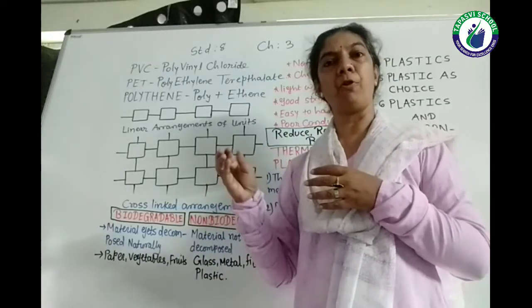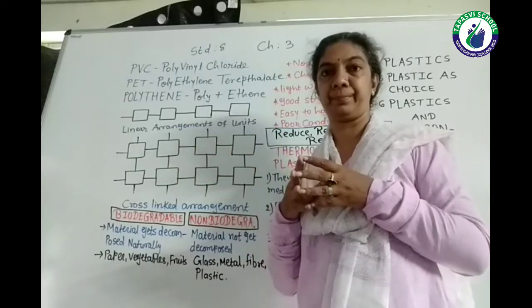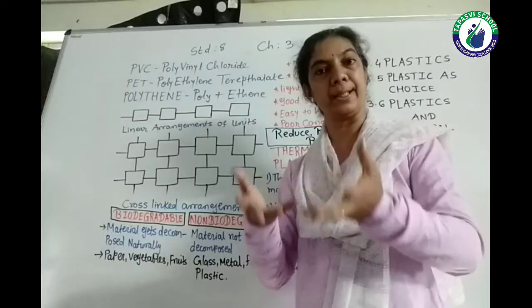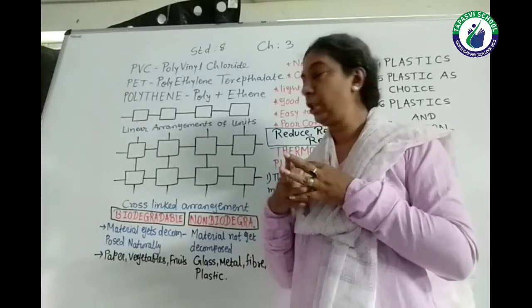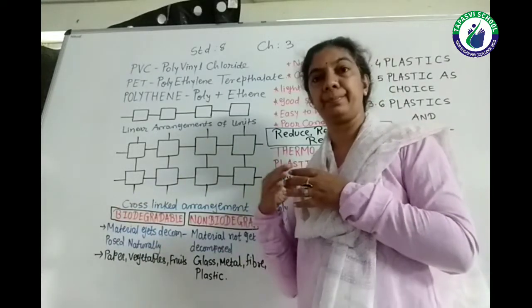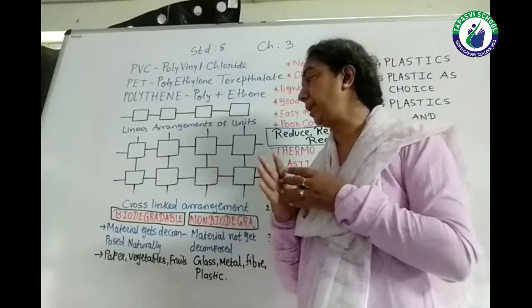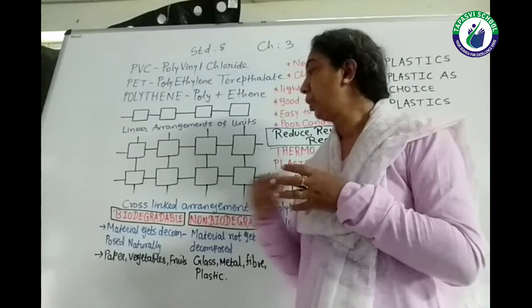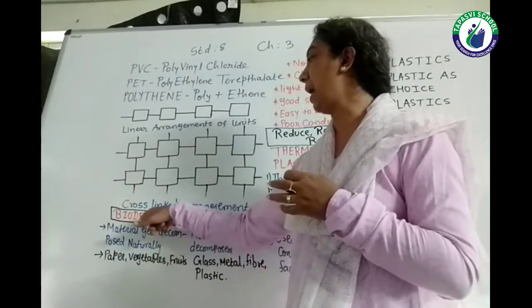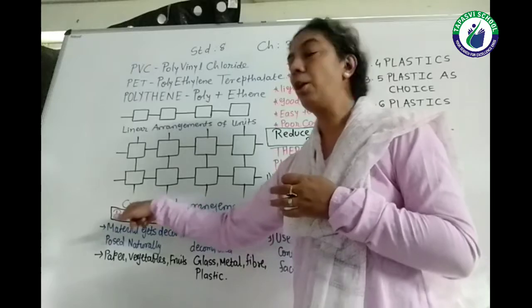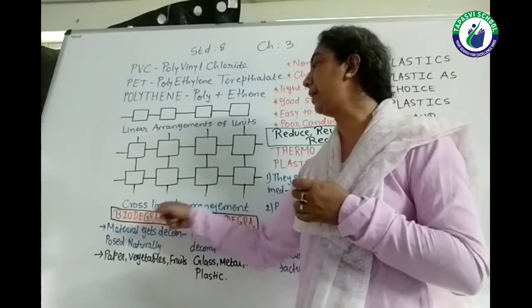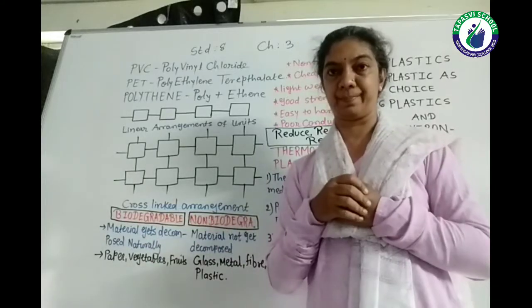If we keep them for some time, they are decomposed by insects naturally. Bio means living, and degrade means to make it into a simpler form. So these materials are degraded biologically or naturally, so they are known as biodegradable materials.